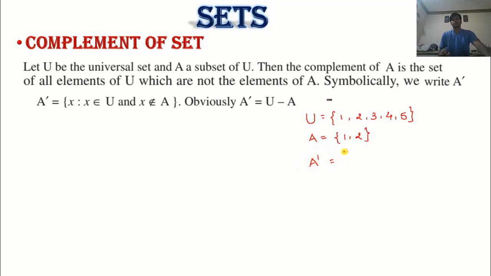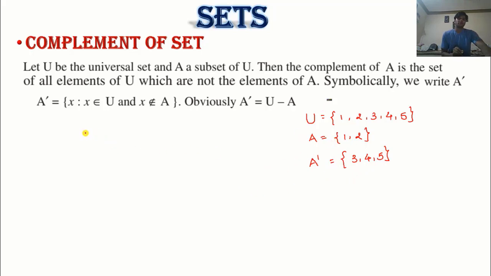A dash equals the set of all those elements of U which are not present in A. You can see 1 and 2 are present in A, so except 1 and 2, whatever elements are left in U lie in A dash. It means remove 1 and 2 from U. So you get 3, 4 and 5. Whatever elements remain, that is your A dash.